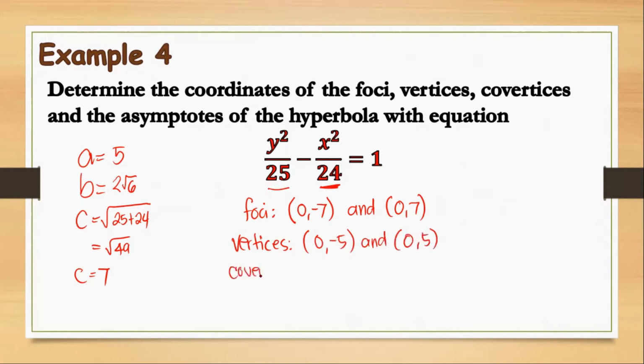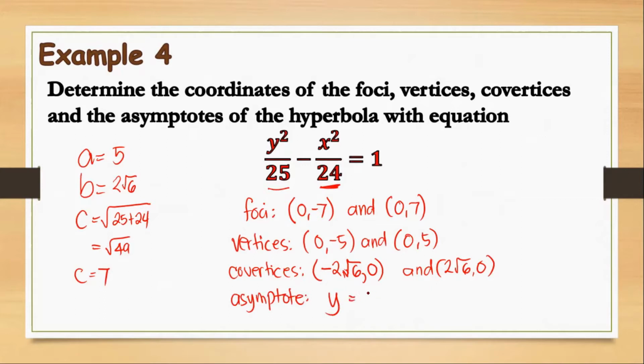For our co-vertices, we get negative 2 square root of 6, 0, and positive 2 square root of 6, 0. And for our asymptote, it will be the equation y equals positive negative 5 over 2 square root of 6 x. That will be the equation for our asymptote.